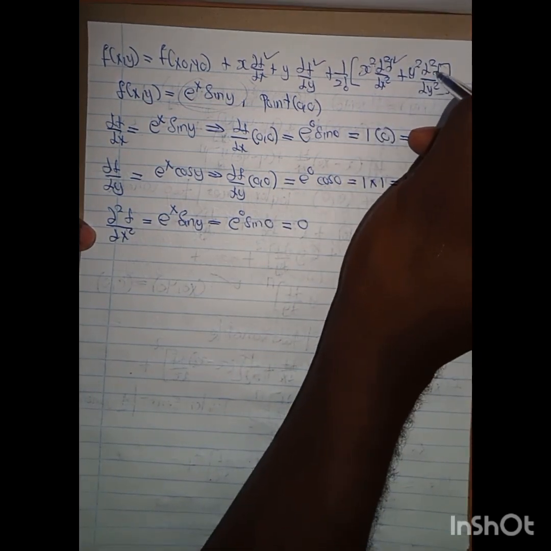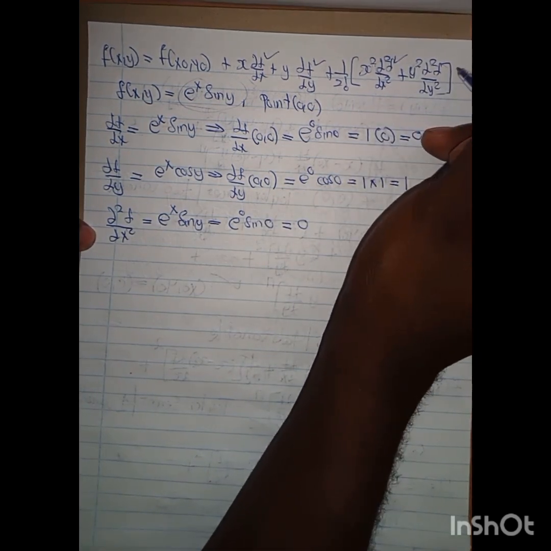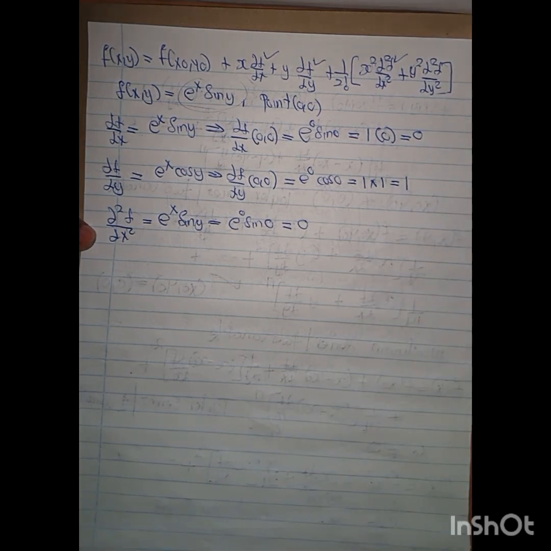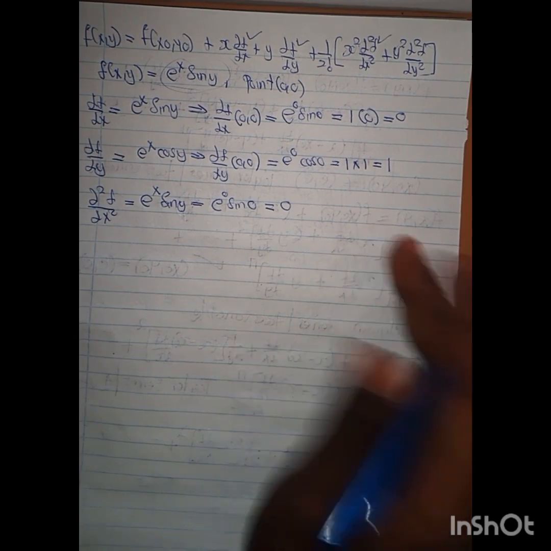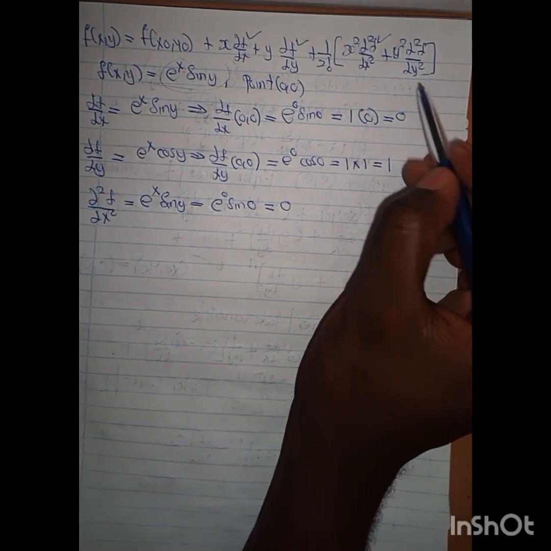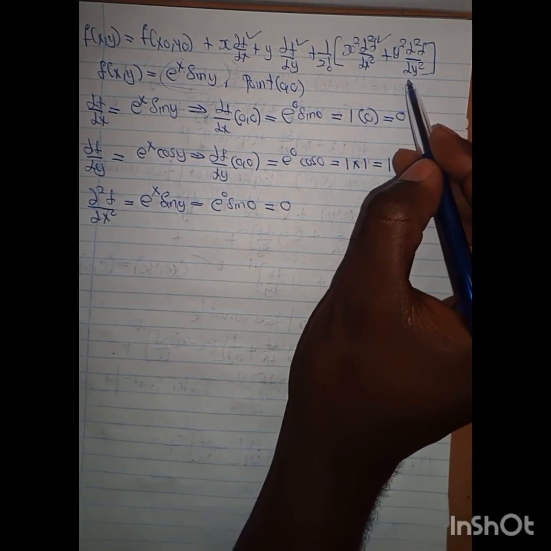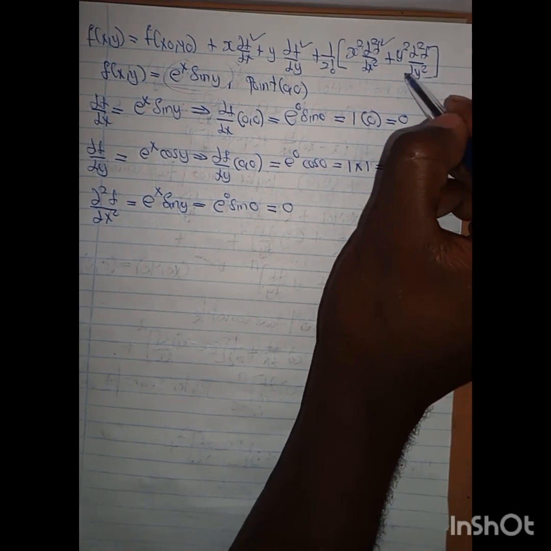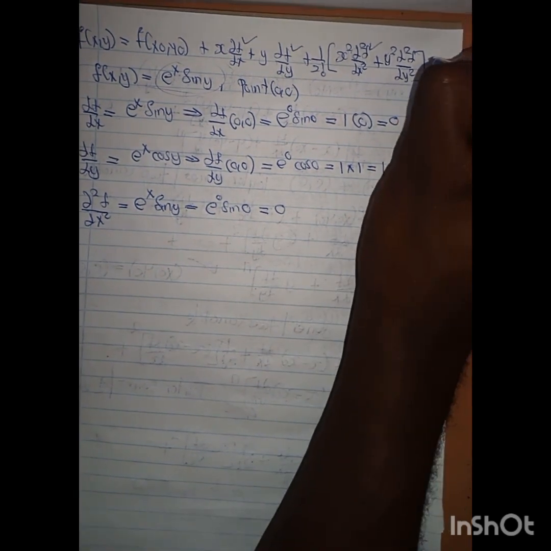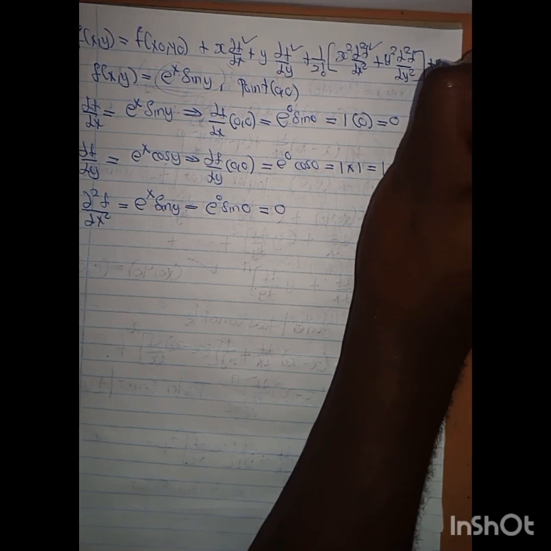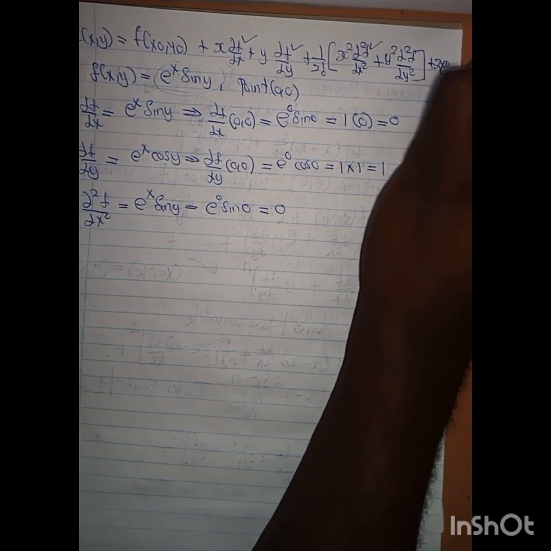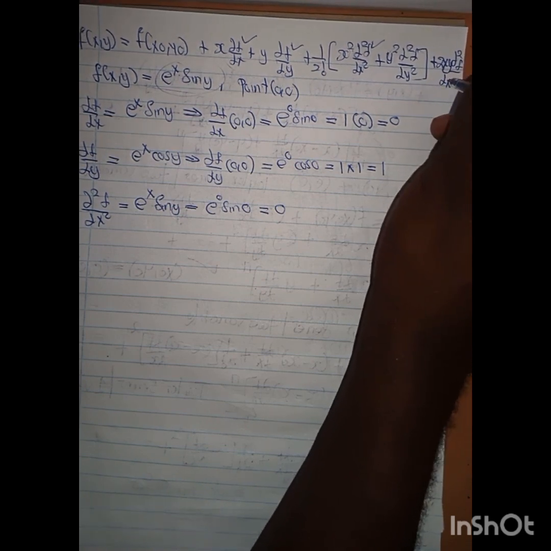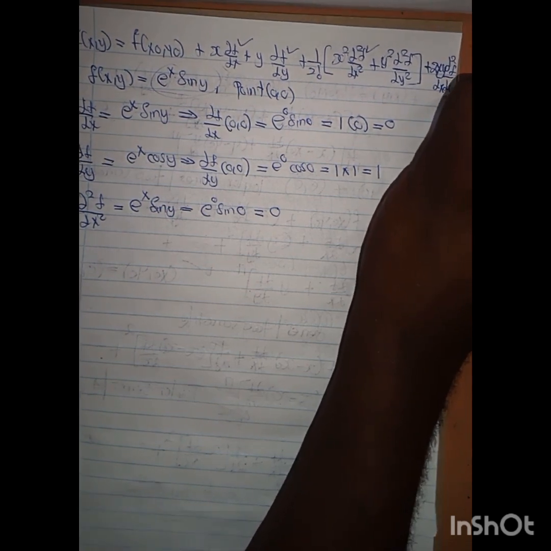Now we differentiate that part. All right, now we are here. Take note that when I was rewriting this equation, I left the middle term, the term that contains 2xy d squared f over dx dy.